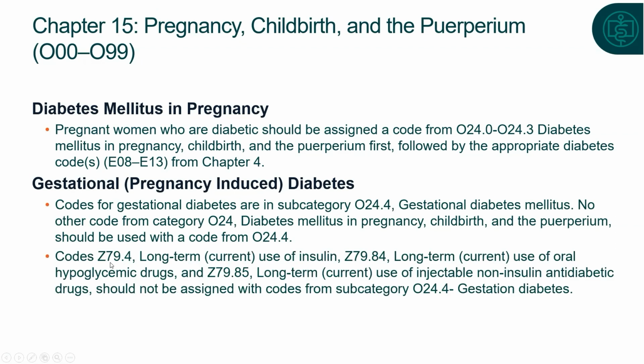Codes Z79.4, long-term current use of insulin, Z79.84, long-term use of oral hypoglycemic drugs, and Z79.85, long-term current use of injectable non-insulin anti-diabetic drugs, should not be assigned with codes from subcategory O24.4, gestational diabetes, because one of the characters represents if the patient is diet controlled, on insulin, or using oral hypoglycemic drugs. We're going to see an example of that in our cases.